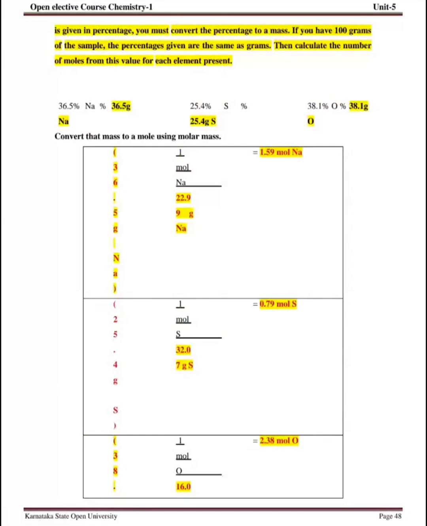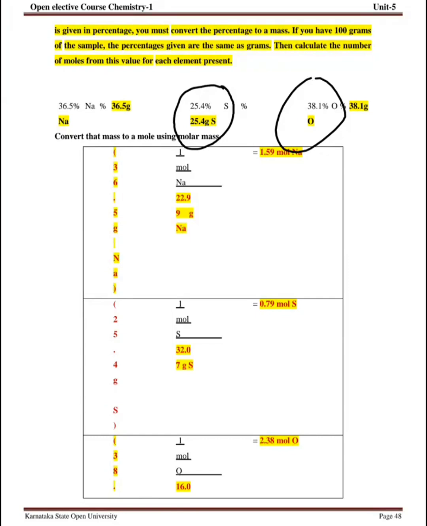This is the first example, where they are given 36.5% of sodium, 25.4% sulfur, and 38.1% oxygen in a 100 gram sample.